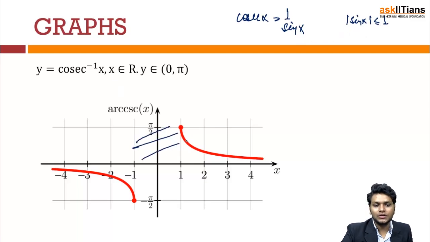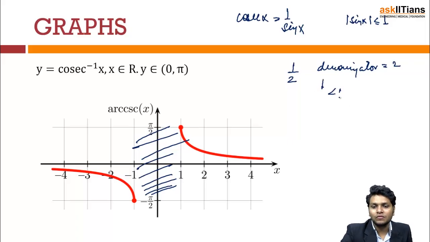You can see the whole region between minus 1 and 1 is quite empty, because when I know for sure that the denominator is always less than 1, the values that I'll get will always be greater than or equal to 1, right?